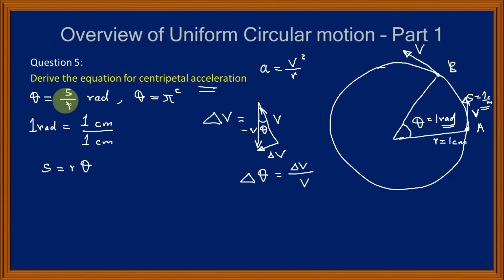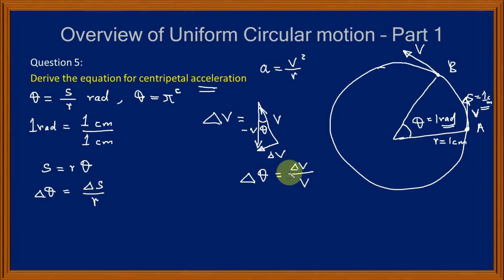So, over here, we have also seen that if we want to get theta, we do S over R. We can say delta theta, I'm just using this equation here, is going to be equal to a small change in length, delta S over R. Bear these two equations in mind.